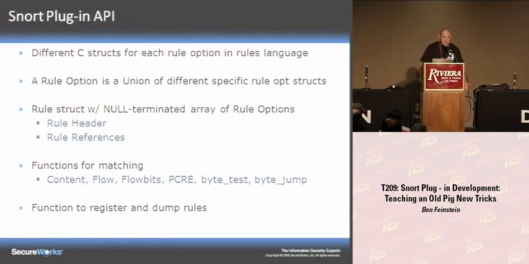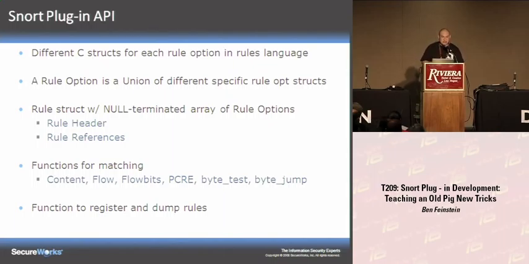As I said, you've got different C structs for all the rule options. So a rule option is simply a union of all the different types of structures there. And a rule structure itself is simply a null terminated array of rule options. You also have a pointer to a rule header struct, and you have some rule references, which would be like pointers to a CVE, pointers to some web reference, for instance.